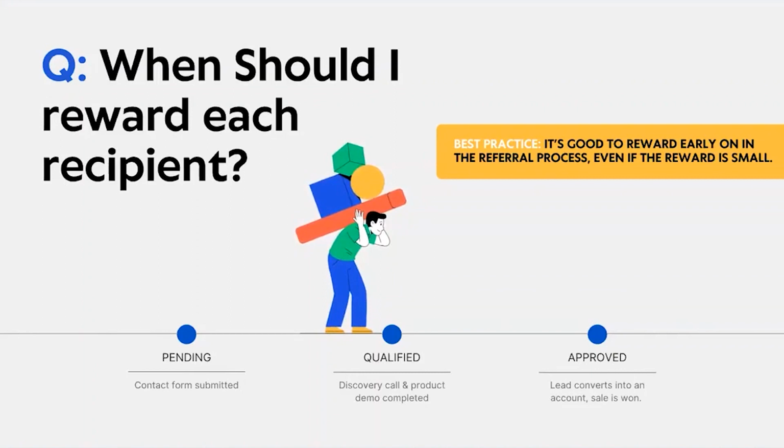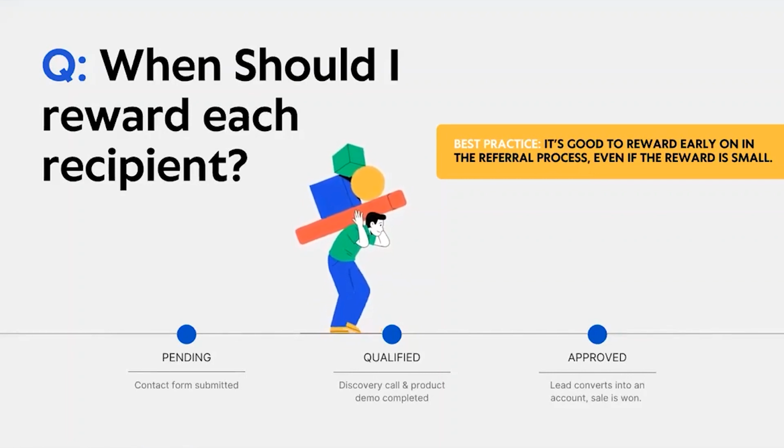Now, in the graphic at the bottom, you see some statuses like, for example, pending, qualified, approved. That's what we use here at Referral Rock, just to denote those different stages throughout the sales process. So pending, that'd typically be when somebody maybe initially fills out a lead capture form. And qualified, this could be used if the lead maybe hasn't made a purchase yet, you mark them as qualified.